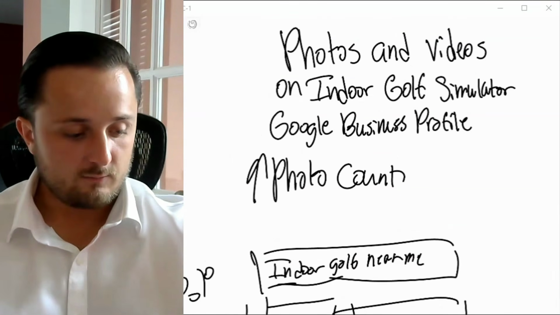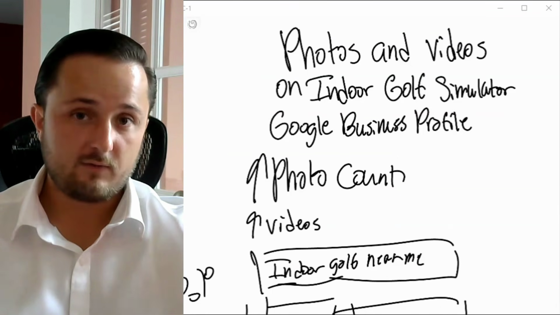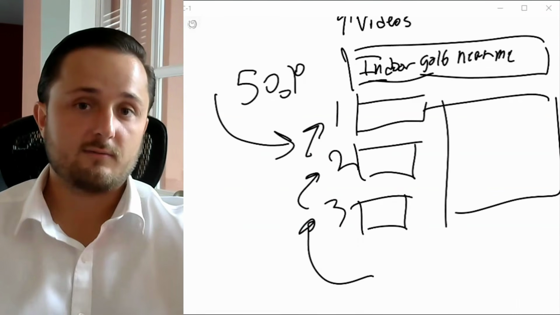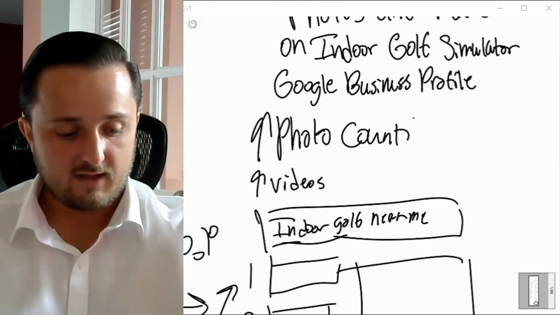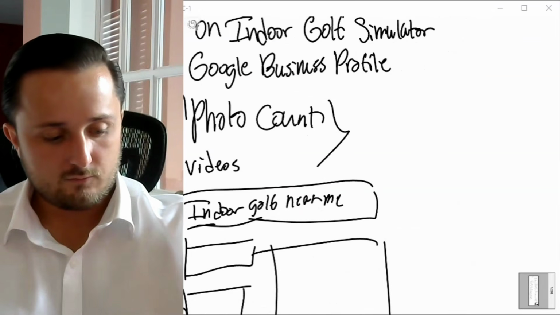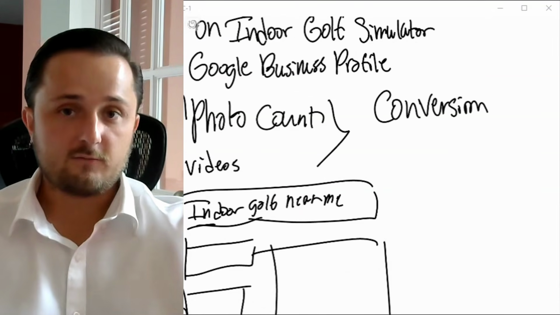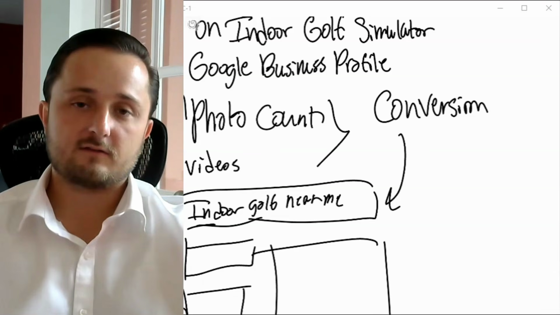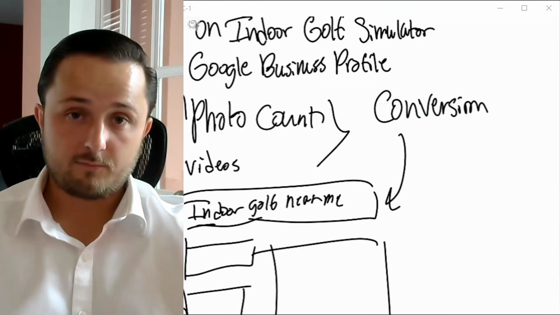Not only that, we also want to get videos. Videos are also a ranking factor that will help our Google Business Profile get into that top 3 map pack. Not only that, these are a huge conversion. These will help convert people to clicking on our listings. They can go on the profile.